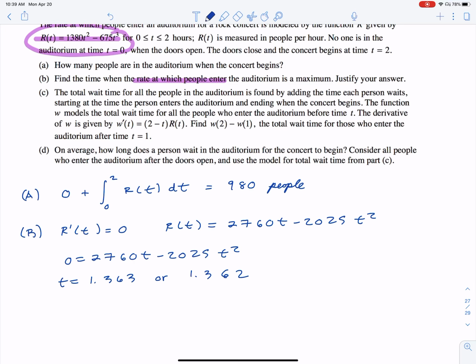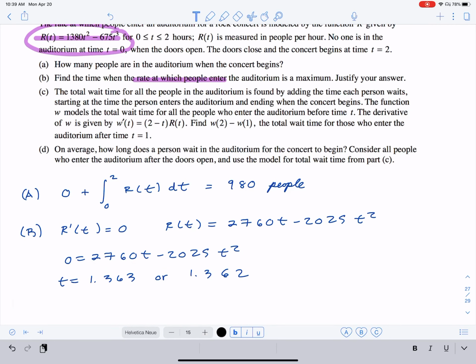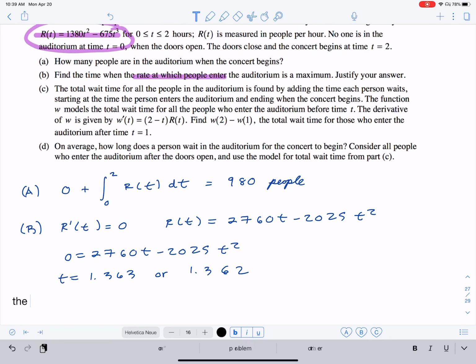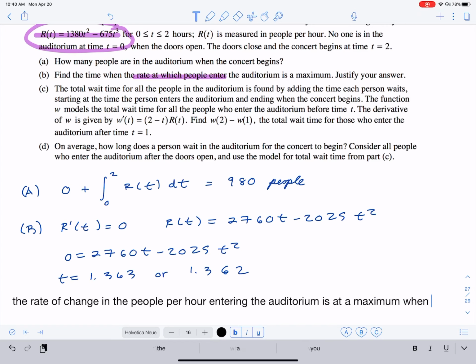So let's put that into coherent English, since apparently I'm struggling with writing and speaking coherently. The rate of change in the people per hour entering the auditorium is at a maximum when t equals 1.362.